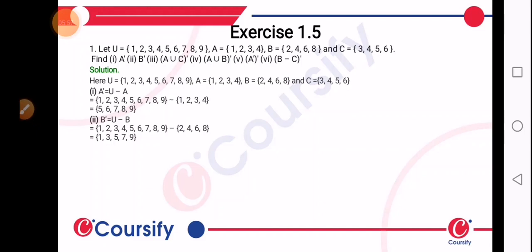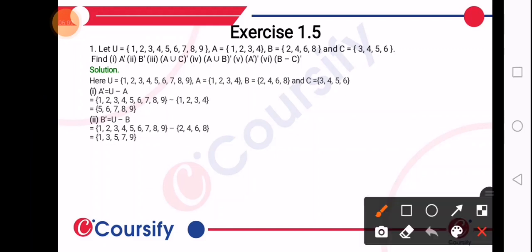We have A union C complement, which means first we have to find what A union C is, and then we have to find the complement of it.